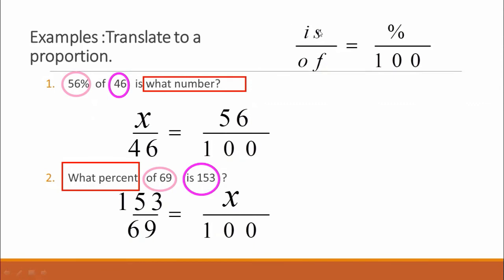So using the above formula, percent is missing. The unknown percent is represented by x divided by 100. Now part divided by whole, is divided by of: is is 153, of is 69. So we can easily calculate the percentage by using this translation.